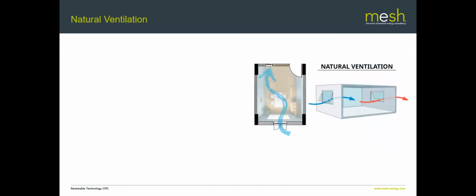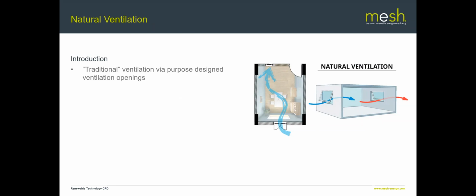So let's have a little look at natural ventilation. Here's a sort of basic overview. It shows a couple of open windows. That may well be trickle vents, but effectively what you're doing is you're allowing for the air to pass through the building through dedicated ventilation channels. And this is the way that the houses have been traditionally designed, and how an awful lot of new builds are still built. You design the openings carefully.